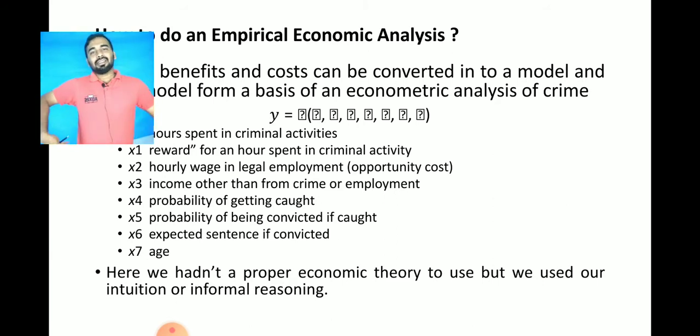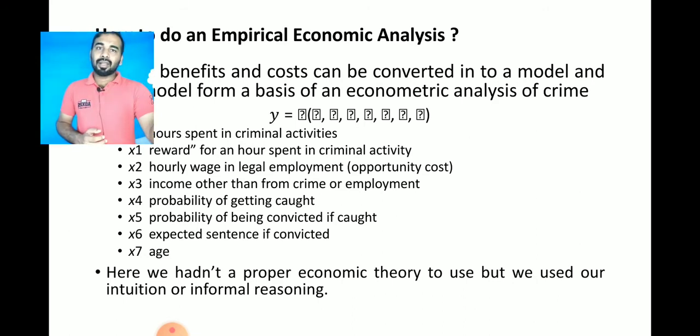Okay, so here we had a proper theory to explain why people are engaging in criminal activities. But instead of relying on a proper economic theory, what we have done is connect this theory with the utility maximization framework. Okay, so this connection, or the process of this connecting, is known as intuition.